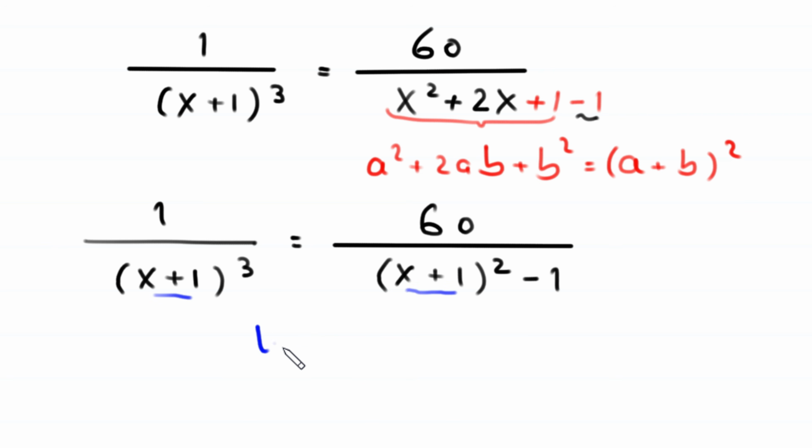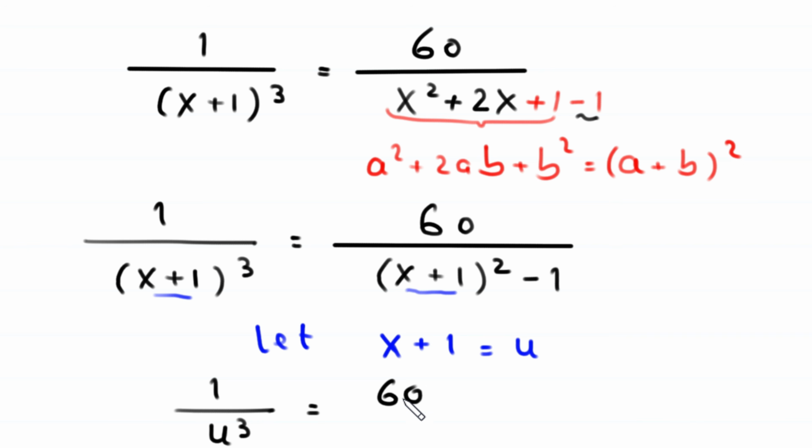So we suppose that x plus 1 equal to u. So this equation will become 1 over u cubed equal to 60 divided by (u squared minus 1).